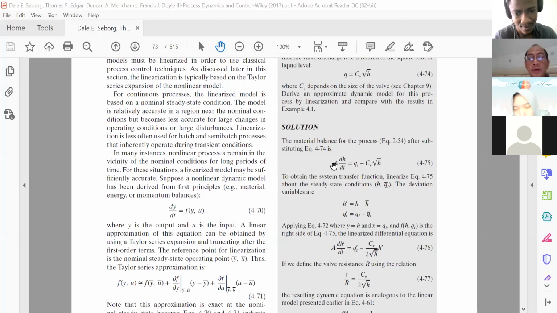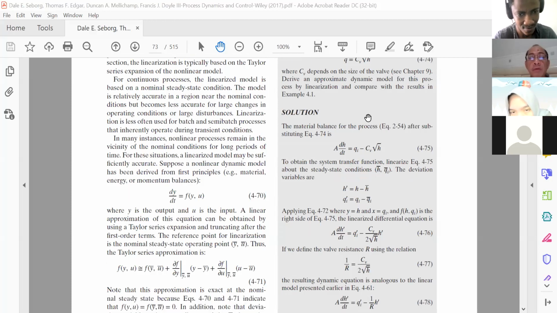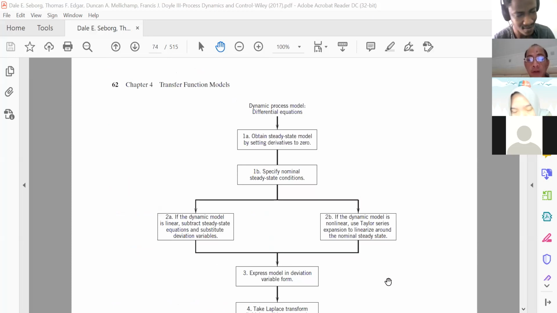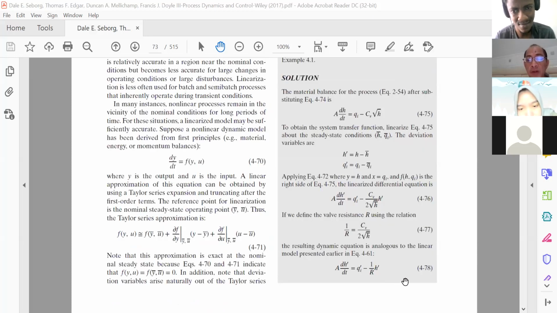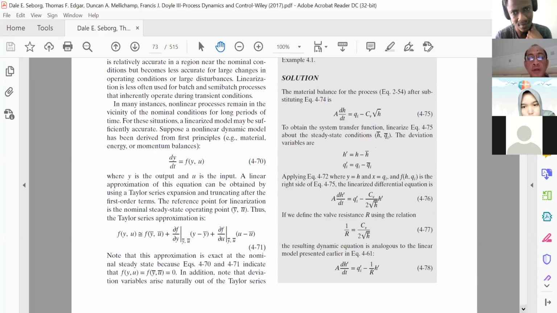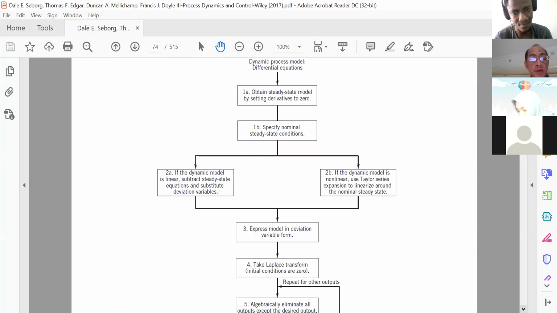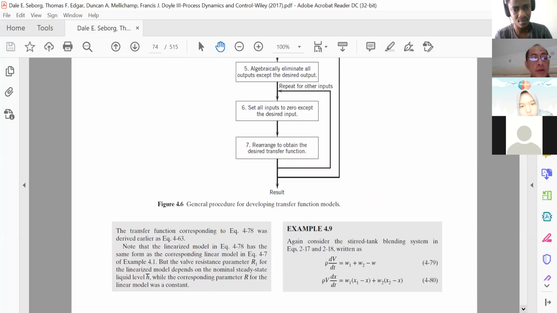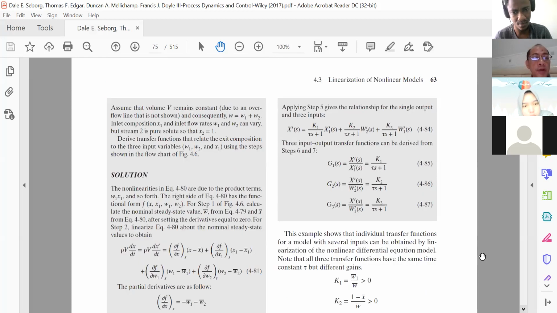So this is what happened here, just exactly as in equation 4.78 that I told you before. That's it. You will get the answer the same.